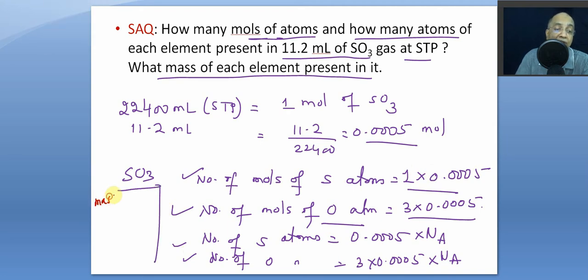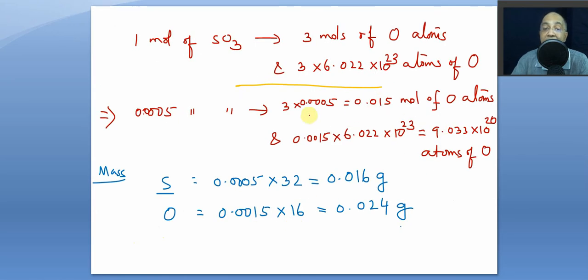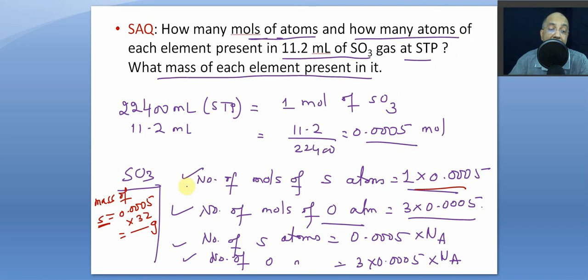So mass of sulfur is equal to this, 0.0005 into 32, the gram atomic mass of sulfur. This many grams. We will try to find out. It is somewhere here, 32, yes, this much, 0.016 gram.